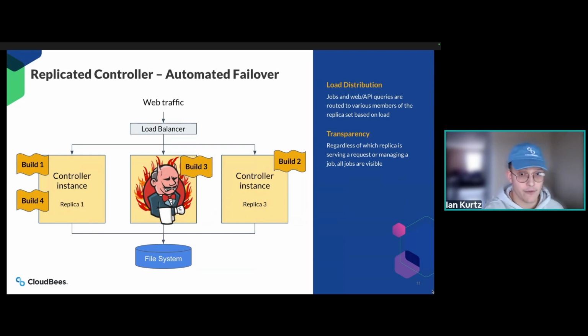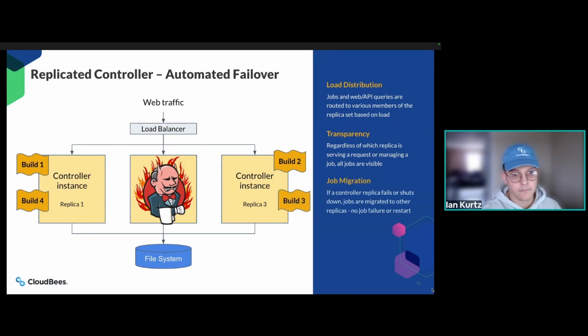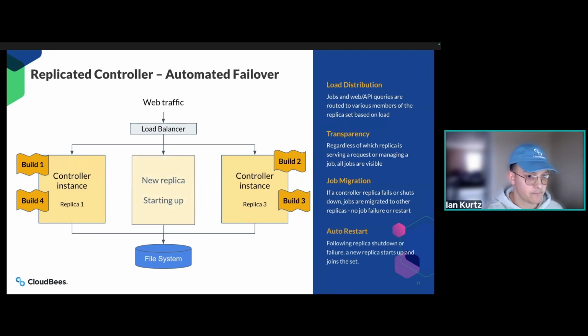And if one of those controllers goes down, say replica 2 in this example, you know that build number 3 will be distributed by the load balancer onto another replica. So that's randomly distributed and will give you a lot more business continuity, which is a centerpiece to one of our labs today.